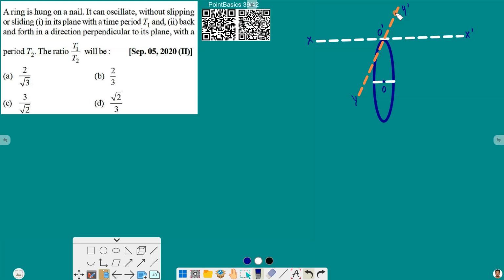Now, it is not mentioned in the question whether we have a magnetic field or not, and also whether some current is flowing through this ring or not.